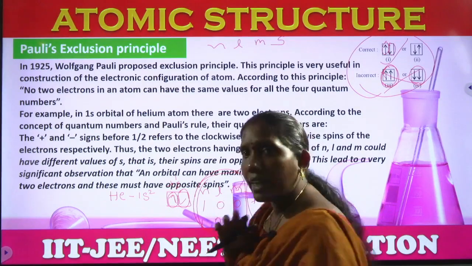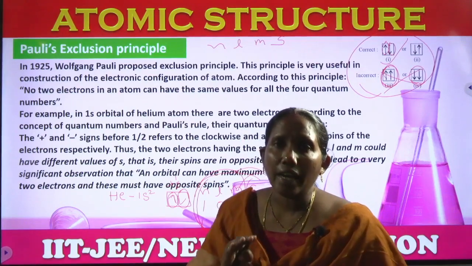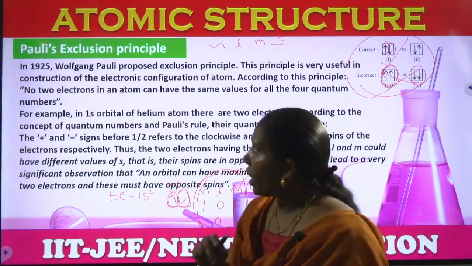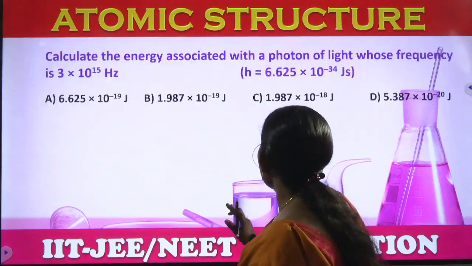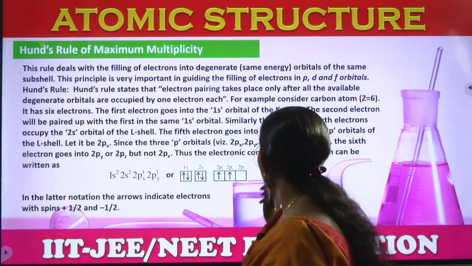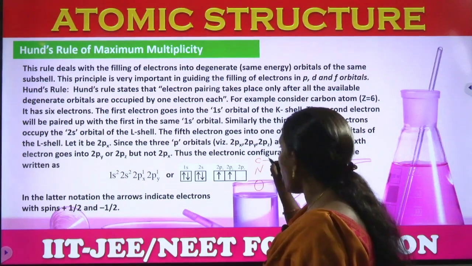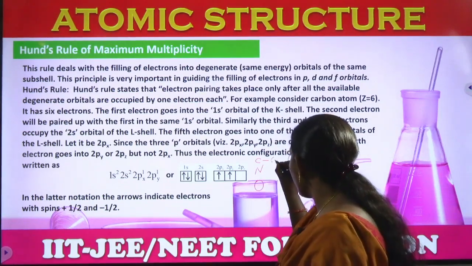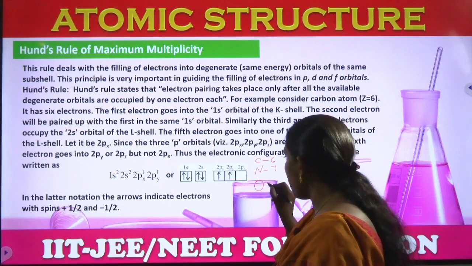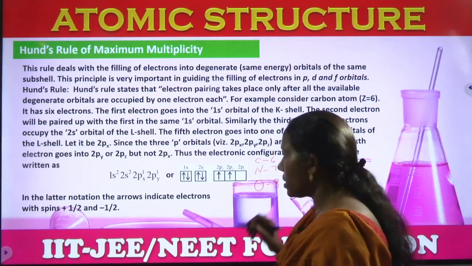For this, I will take examples: carbon, nitrogen and oxygen, right? Carbon's atomic number is 6, nitrogen's atomic number is 7, oxygen's atomic number is 8.